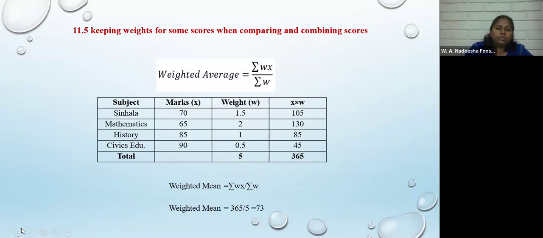So when you get a mark for a subject, it will be multiplied by the number of credits of the subject. Then they will be summed up. That is weightage average. So GPA is the best example. And also Z score in A levels is another example of weighted average.